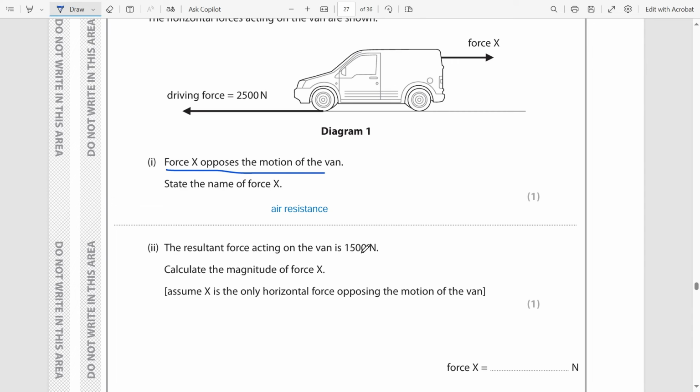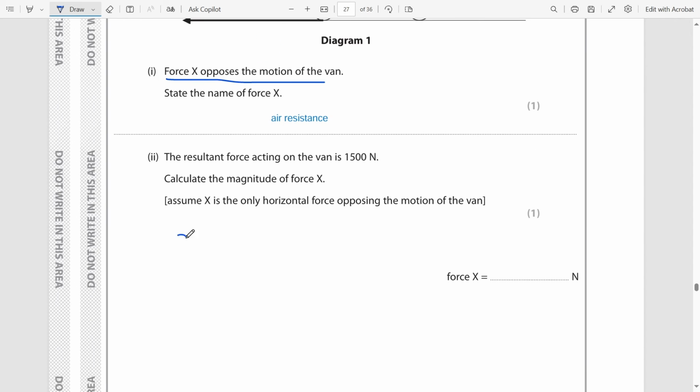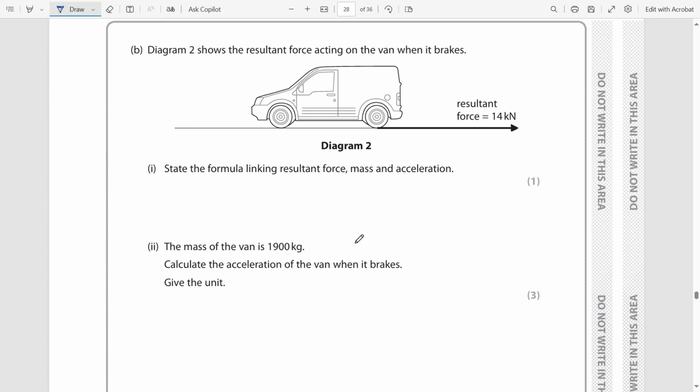So calculate the magnitude of force X. Force X is the smaller one. So we have 2,500 minus 1,500 equals 1,000. So force X is 1,000 newtons. State the formula linking to resultant force. Okay, so F equals ma.